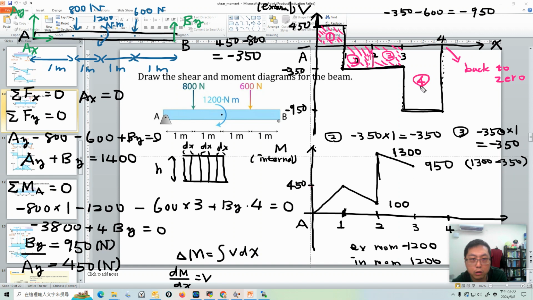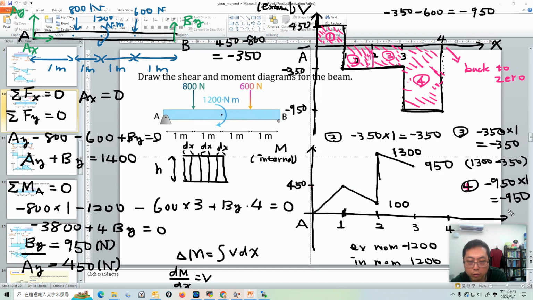What's the area for area 4? It's 900 minus 950 times 1, so it's minus 950.